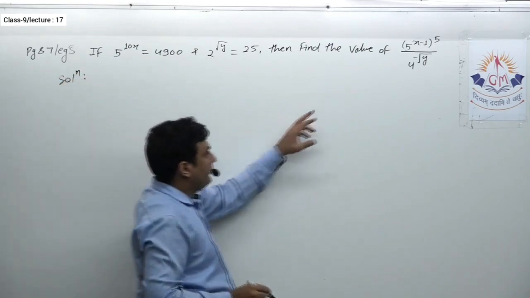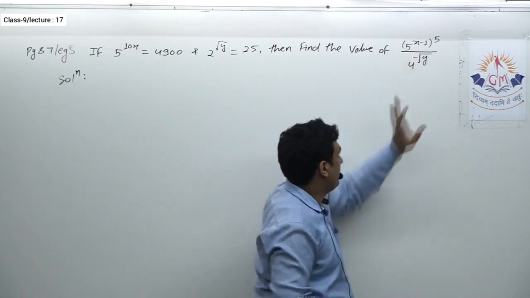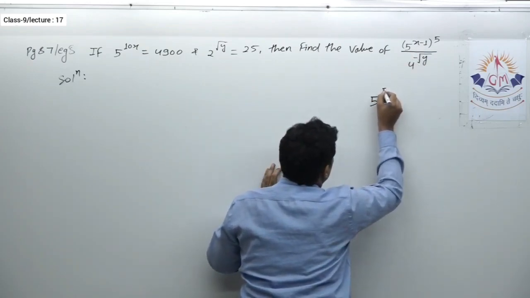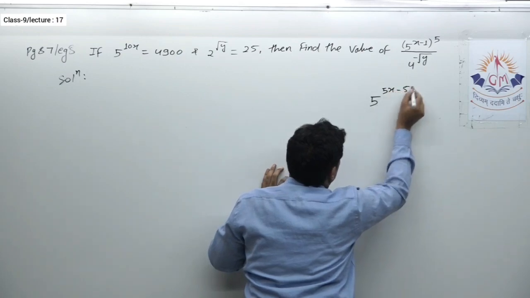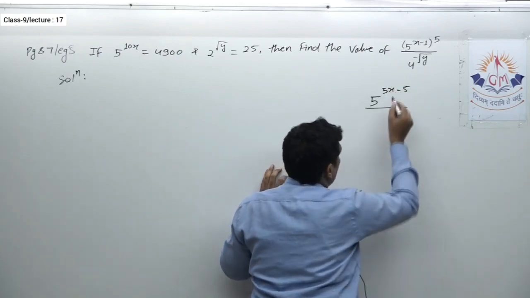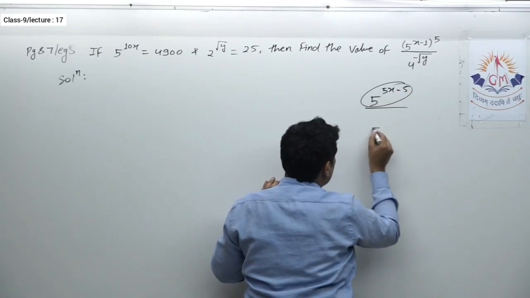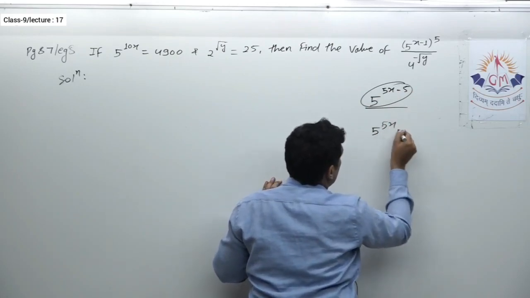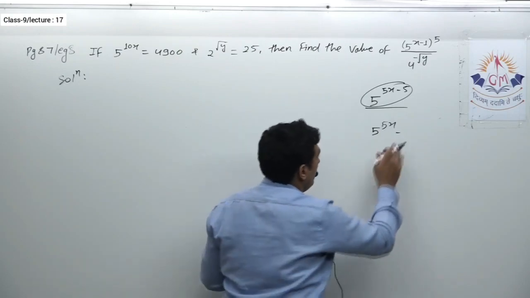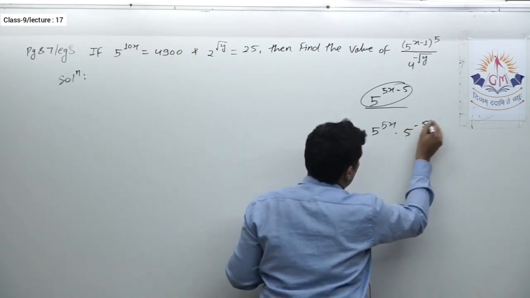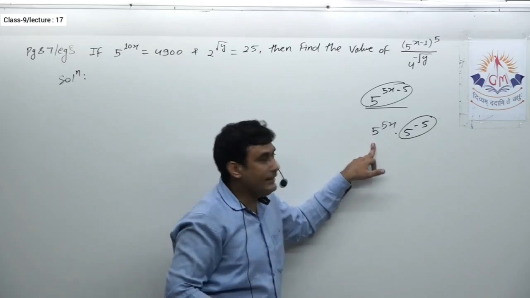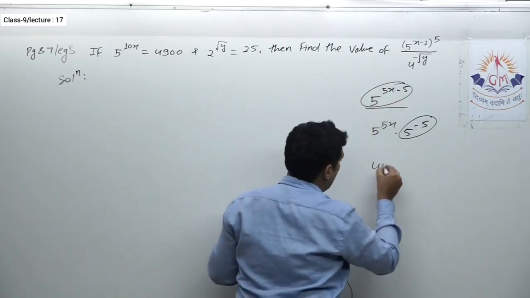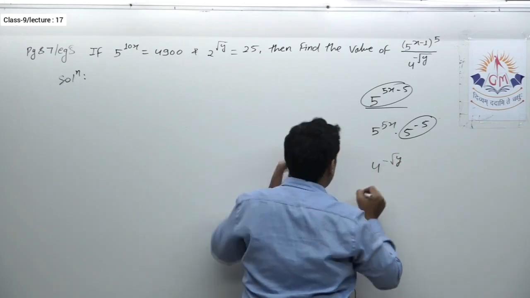We need to find the value of 5 raised to 5x. If I simplify this a little bit, it gives me something like this. If I simplify this further, this is actually this, isn't it? Now this is a numeric value. I need 5 raised to 5x from the numerator, and in the denominator it is 4 raised to minus root y.